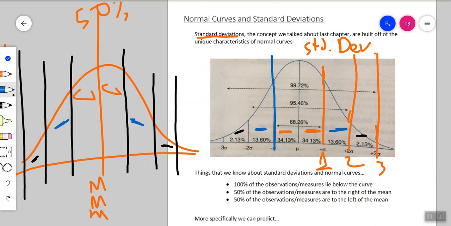This is also 1, this is also 2, and this is 3. As you see, they're symmetrical, so the distances between these are all going to be the same. The only difference is that as you go to the left, it is negative, and on the right it is positive. So positive 1, positive 2, positive 3.